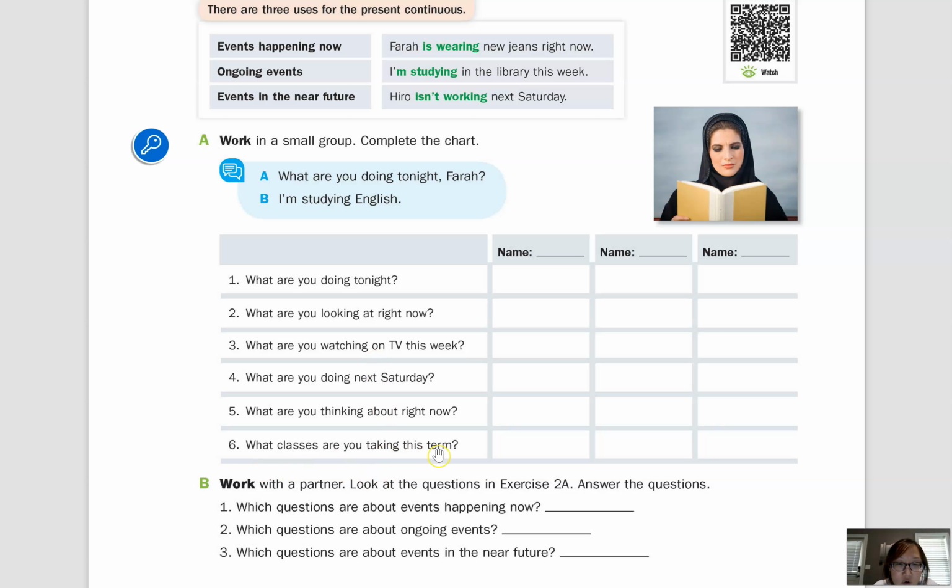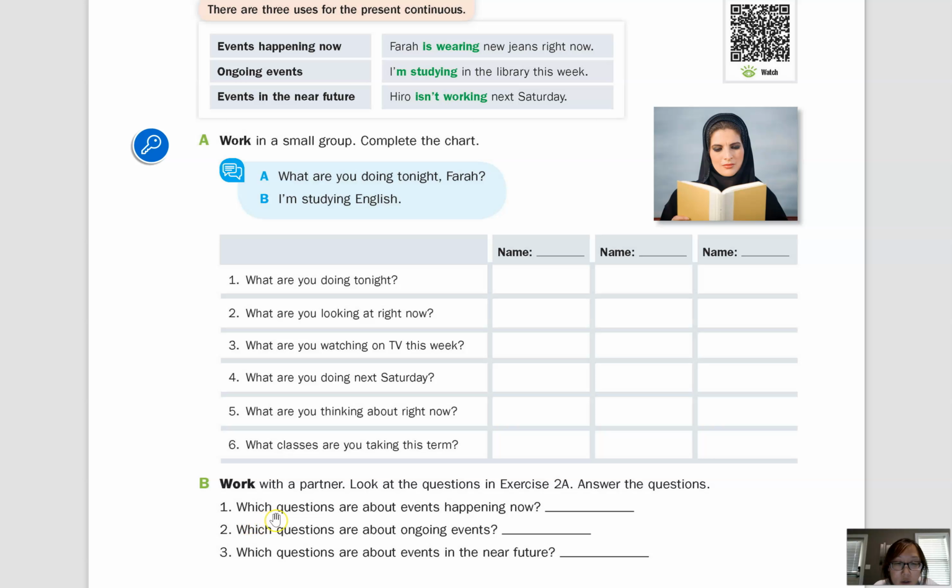Now, number 6, of course, it depends on how the coronavirus situation plays out, but we might say, I am taking English classes this term. Okay, but anyway, so this is something that we can check together.